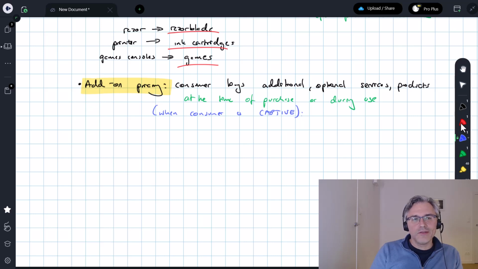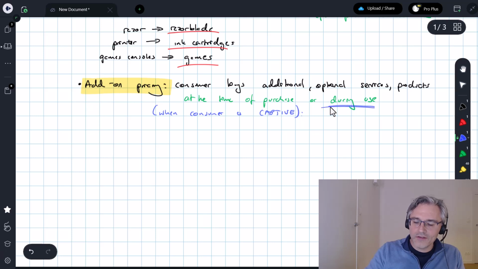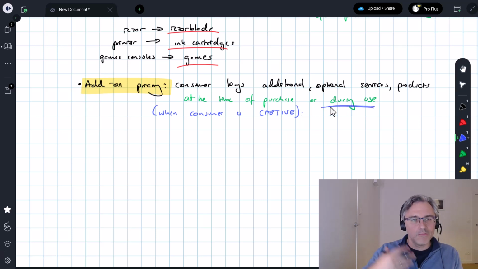Something else I don't necessarily experience. I'm not a user of this, but if you're playing a game on your phone or on your computer, you can make in-game purchases. That's during the use of something, when you are captivated, immersed in the experience, or when you're using an app, you can make in-app purchases to get some extra features.